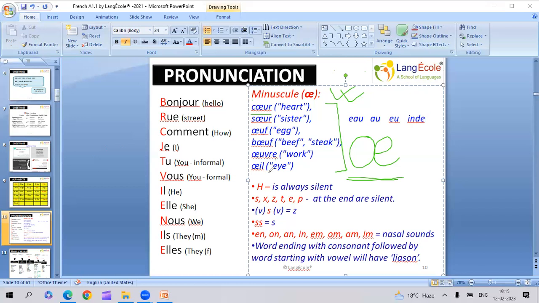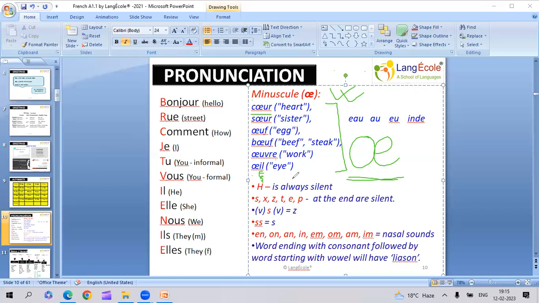In this word, you might have noted there is a and there is e. Why is this e sound coming? Because the L is not pronounced. Have you noted that?